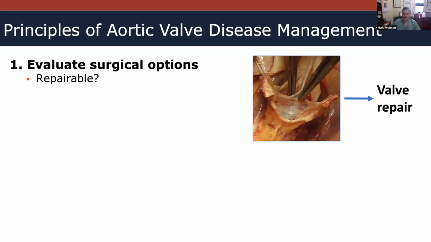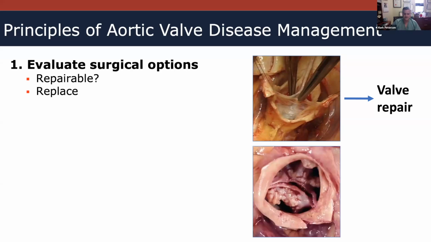Most people, at least people who do valve repair and valve sparing operations, think that number should be probably closer to 60%. So there's a lot of valves that are not being repaired, and instead people are getting mechanical Bentalls or tissue valves. If the valve looks like the one on the bottom, obviously there's not going to be a repair strategy. In that case, we're going to be proceeding to some form of replacement strategy.